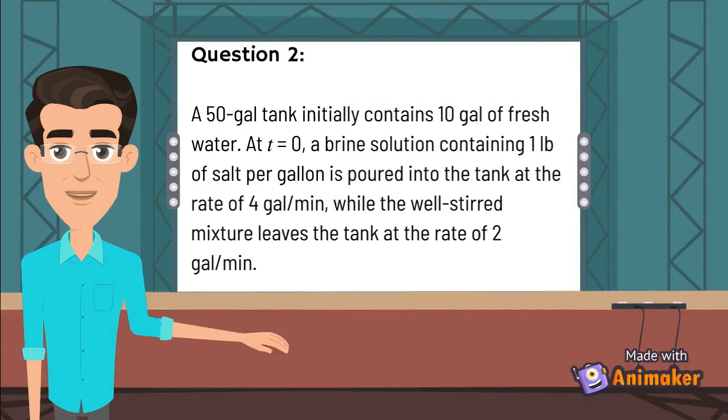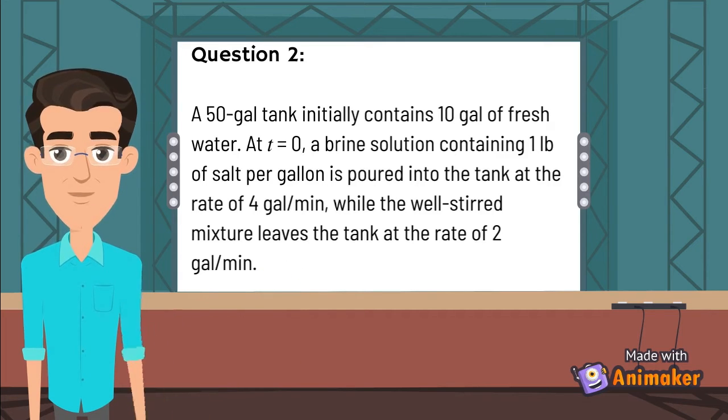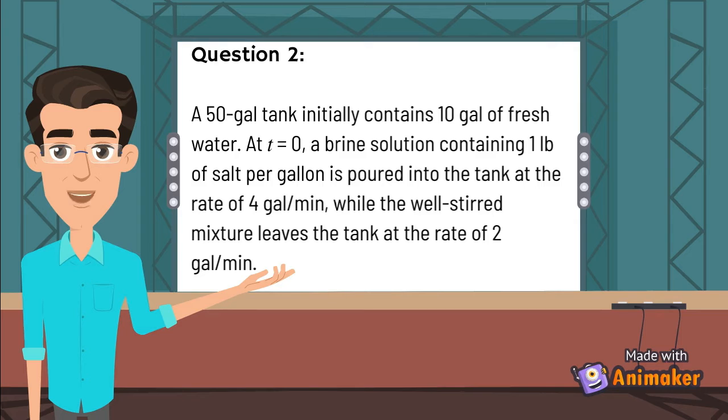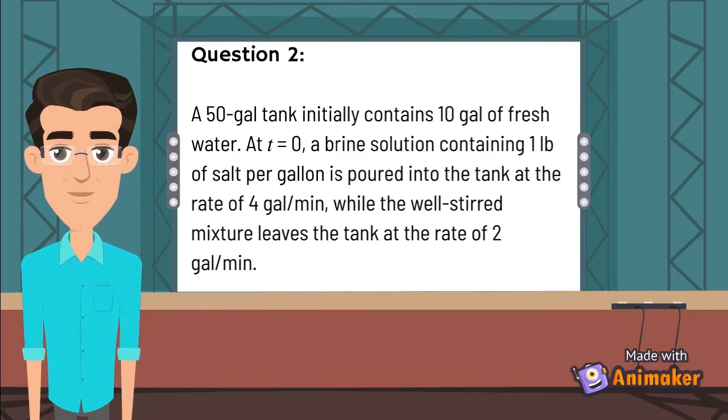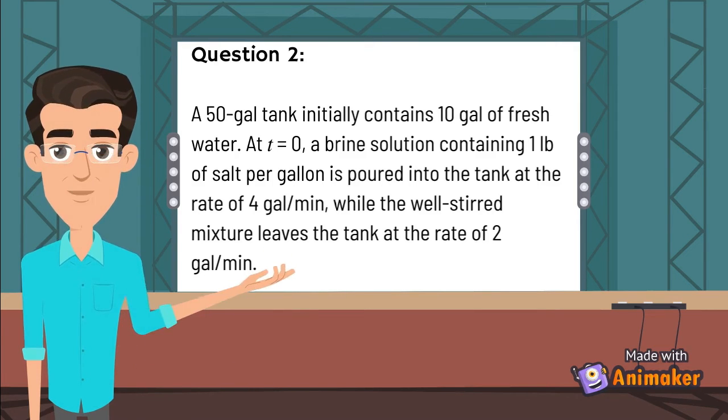So, basically, question number 2 is: a 50-gallon tank initially contains 10 gallons of fresh water. At t equal to 0, a brine solution containing 1 pound of salt per gallon is poured into the tank at the rate of 4 gallons per minute, while the well-stirred mixture leaves the tank at the rate of 2 gallons per minute.